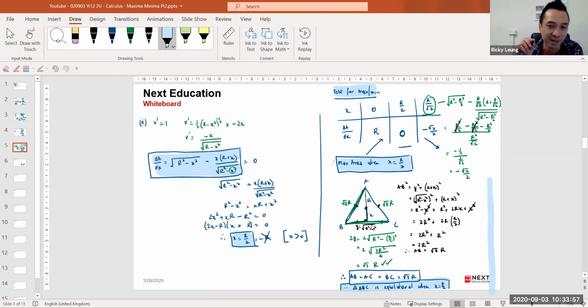That sort of caused a bit of grief, but hopefully that was a good demonstration of the Maxima Minima framework, where part 1 proved the equation that you have to differentiate, and part 2, the 4 points: differentiate, solve, test for max min, and then in this case answer the question, which was quite painful, but we got there in the end.